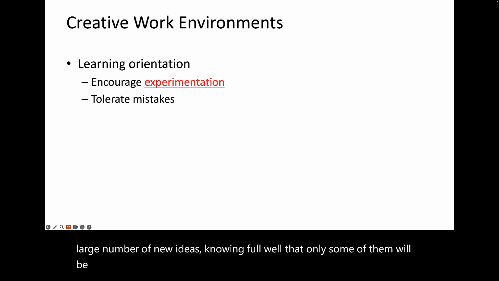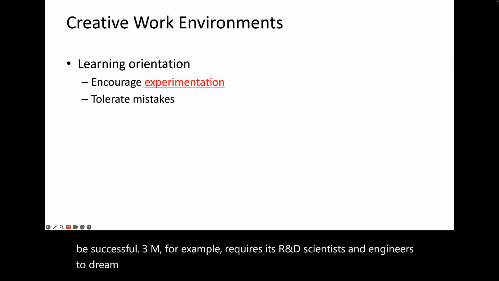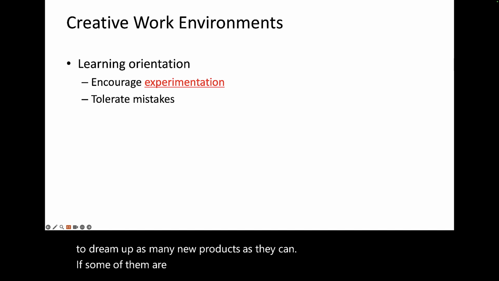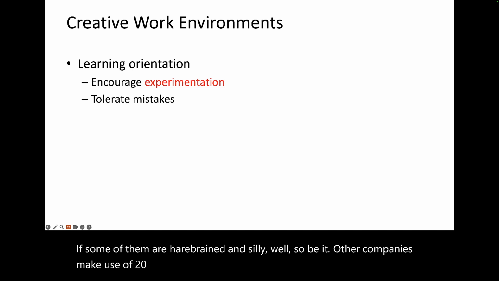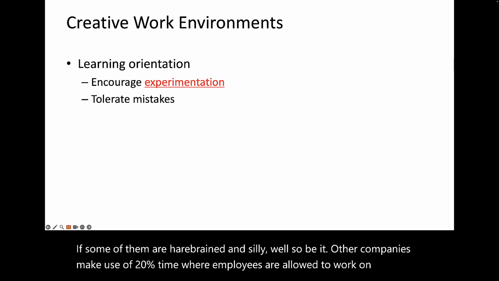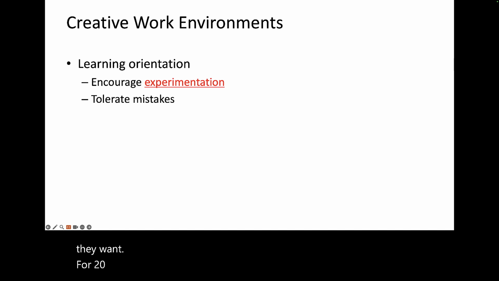If some of them are harebrained and silly, well, so be it. Other companies make use of 20% time, where employees are allowed to work on whatever they want for 20% of their work week, as long as they produce something, anything. That is, they can do what they want, but they must produce something potentially of value.